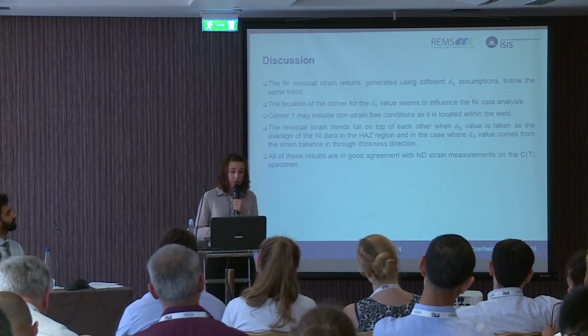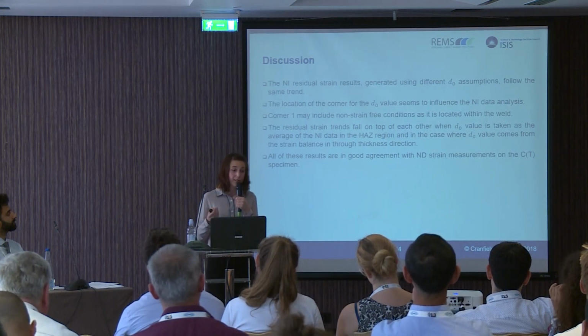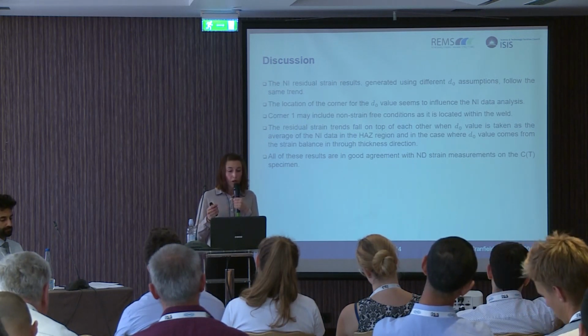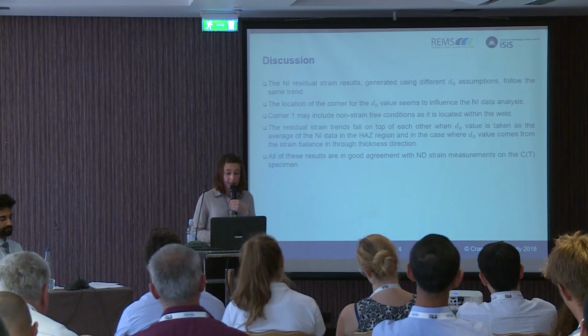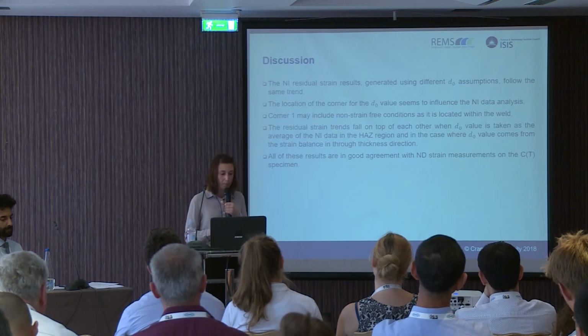The neutron imaging residual strain results generated using different D0 assumptions all follow the same trend. We can also conclude that the location of the corner for the D0 values seems to influence the analysis. Corner 1 may include non-strain-free conditions, as it was taken within the weld metal.